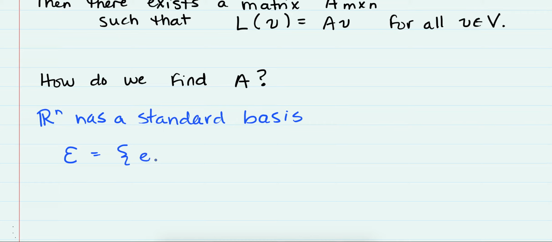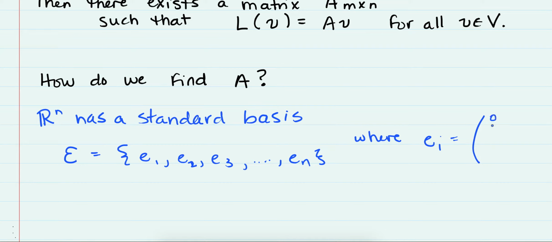It consists of the vectors E1, E2, E3, all the way to En, where Ei is 0 everywhere except in the ith spot, where we have a 1. Maybe I can make that a little clearer.